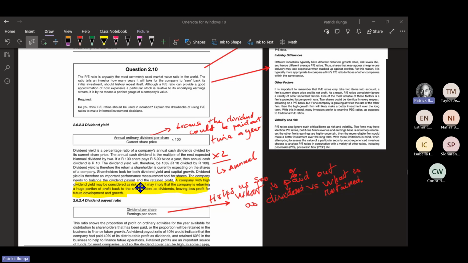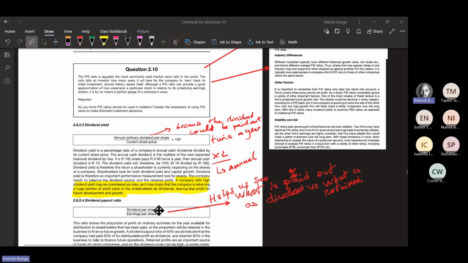So remember, last week we talked about one part of the net profit will be retained to invest in the company, right? And one part can be paid out as a dividend. So when we're looking at the dividend payout ratio, this is quite interesting. We would like to see what is the percentage that was paid out to the shareholders.